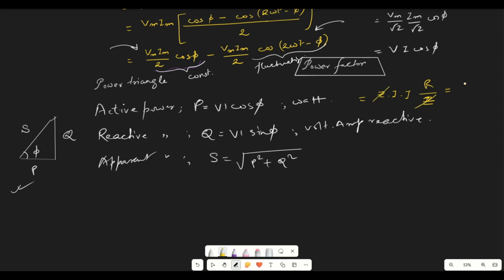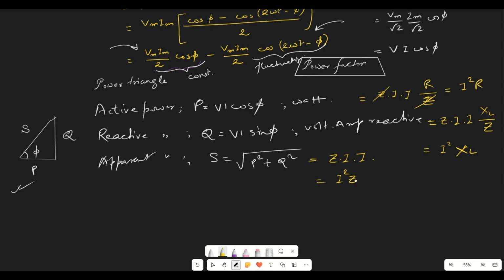So here Z will get cancelled, and this is I square R. Next, for reactive power it will be ZI times XL by Z, so this will be I square XL. And the apparent power will be ZI times I, which is I square Z. So these are active power, reactive power and apparent power.